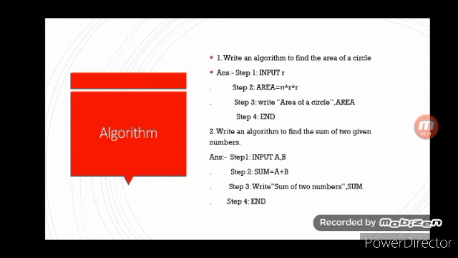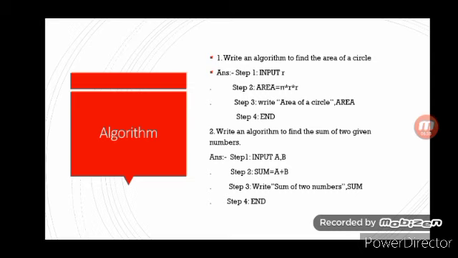Now there are some examples also. Write an algorithm to find the area of a circle. Look, in mathematics we have mathematical terms and formulas to solve the problem. In computer also, whenever we are writing an algorithm for finding the area of a circle, we have to implement the formula area equals pi r square.